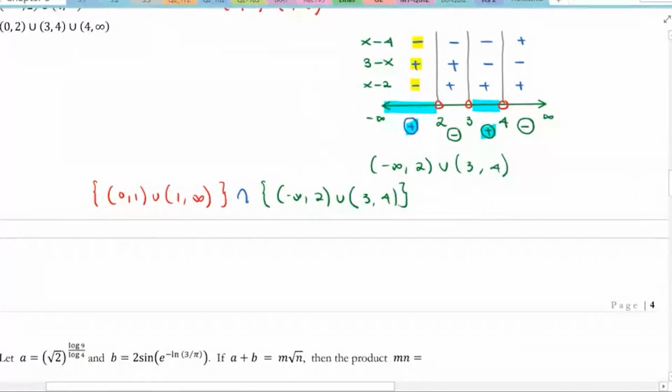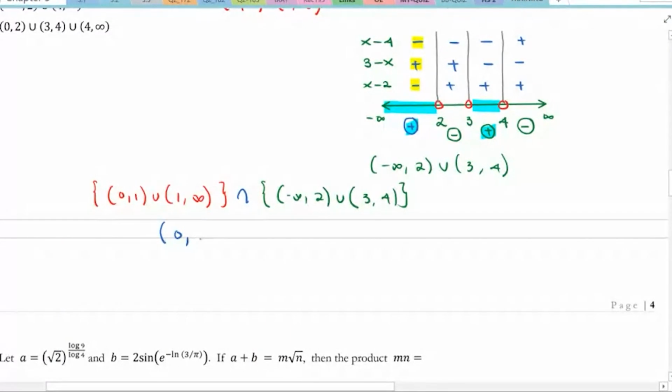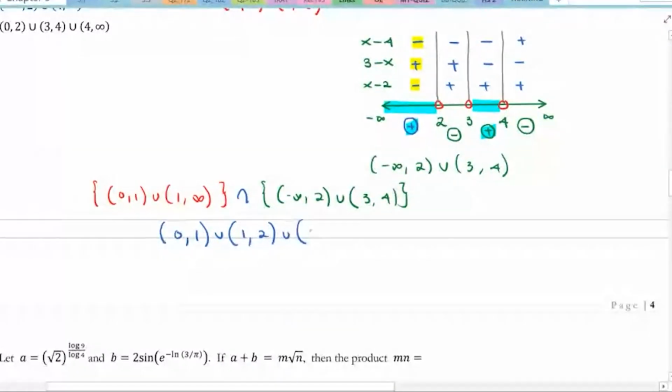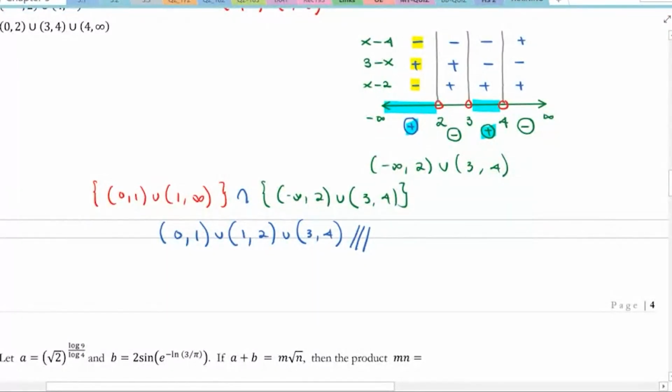When we take the intersection, you will agree with me that we are going to start from 0, actually. From 0 to 1, union, gentlemen, from 1 to 2, union from 3 to 4. And that is our answer.